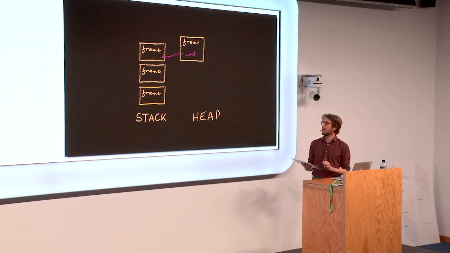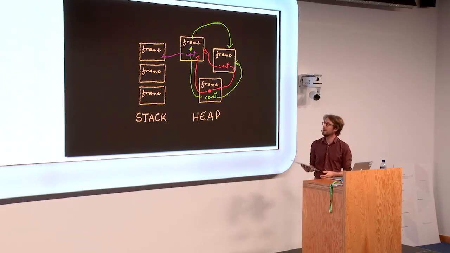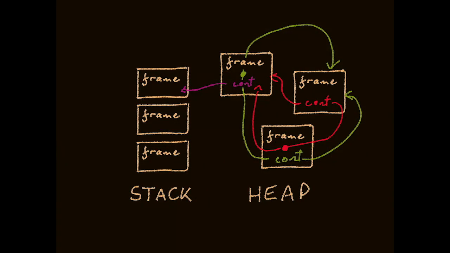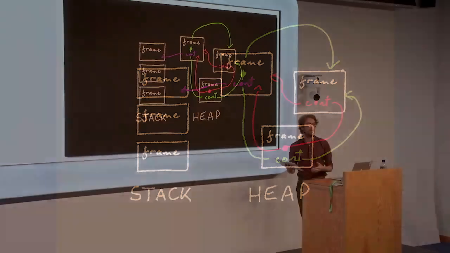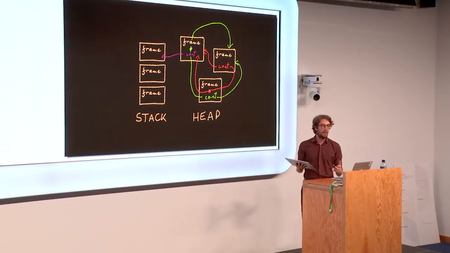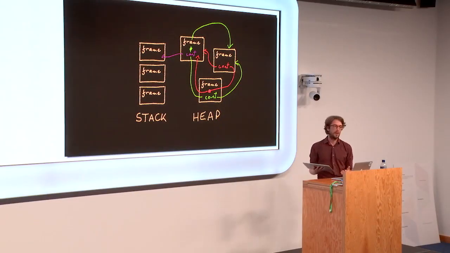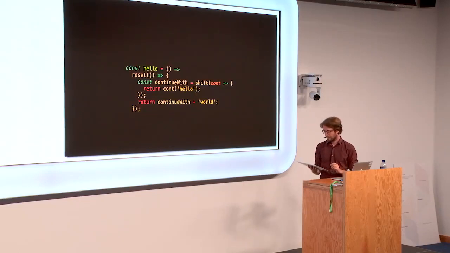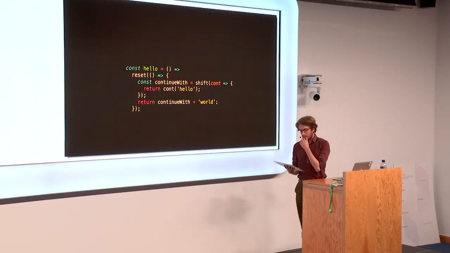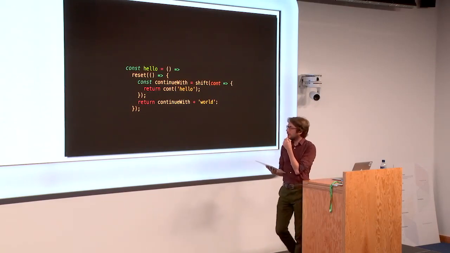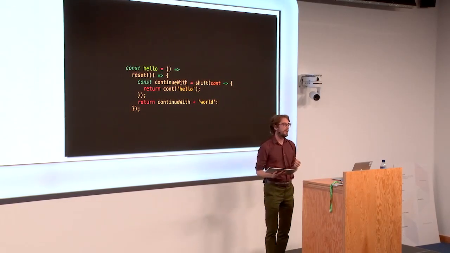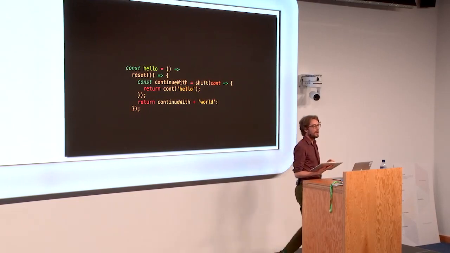So we have some code executing normally on the stack. At some point, we mark a delimitation. We can then do fancy stuff, saving continuations, running them. But when they're finished running, we're just going to return to executing normally on the stack. So the most common operators for delimited continuations are shift and reset.